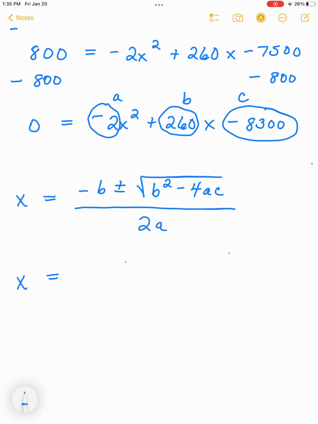So that's how you know what to plug in where. We're going to put in the opposite of b, negative b. B is 260, and that's plus or minus the square root of b squared, 260 squared, minus 4 times, now a is negative 2, and then times c, that's negative 8,300.